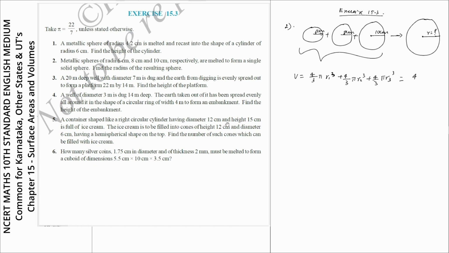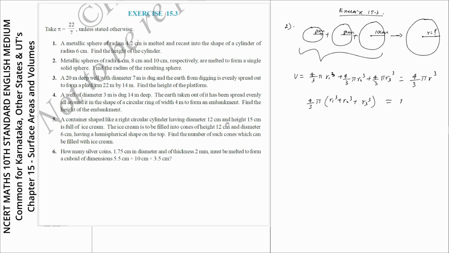So the volume of the resulting sphere is 4 by 3 pi r cube. Now in the first three I can take 4 by 3 pi as common, so I am left with r1 cube plus r2 cube plus r3 cube.